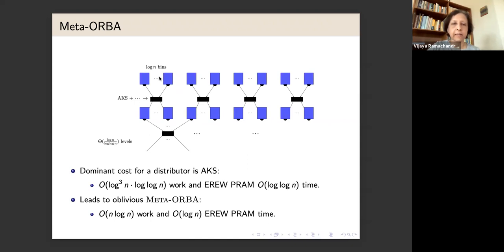There are log n bins, each with theta log squared n elements. And if we just stay with EREW PRAM, it's O of log n parallel time. And so MetaORBA takes optimal n log n work, and on an EREW PRAM, it also gets optimal log n time. But of course, we can also get this with a single large AKS network.